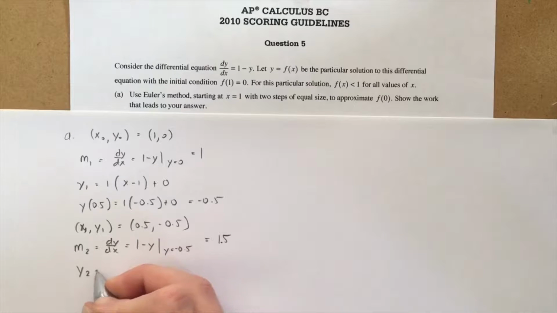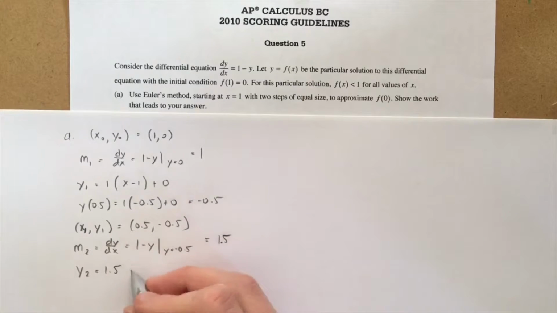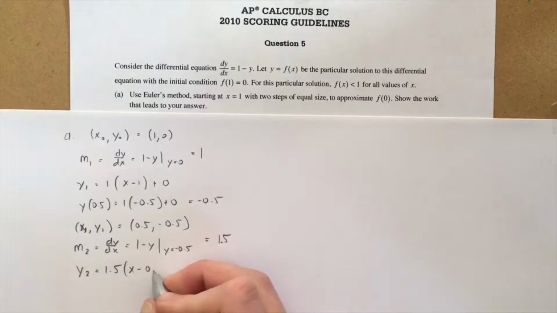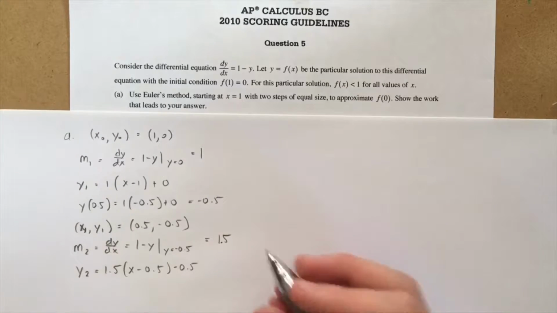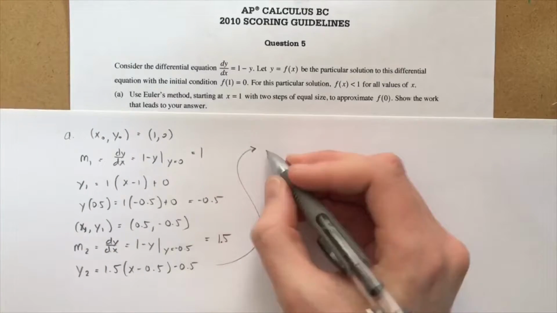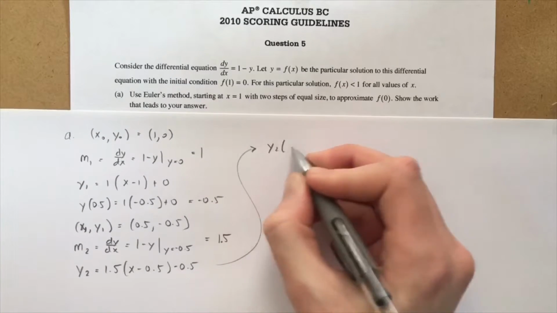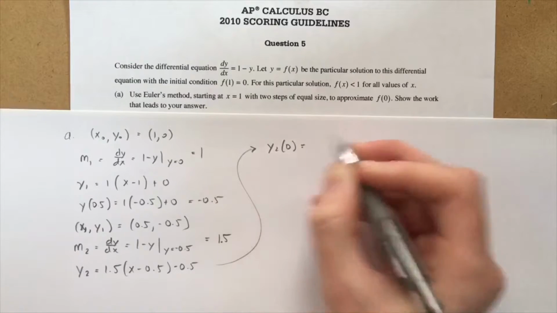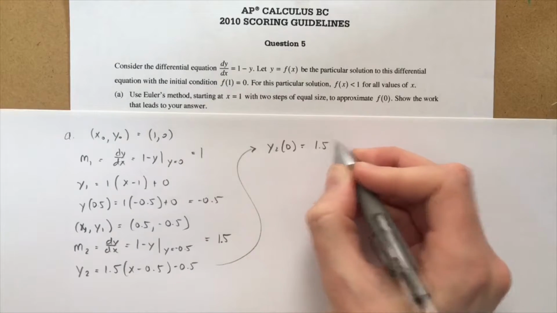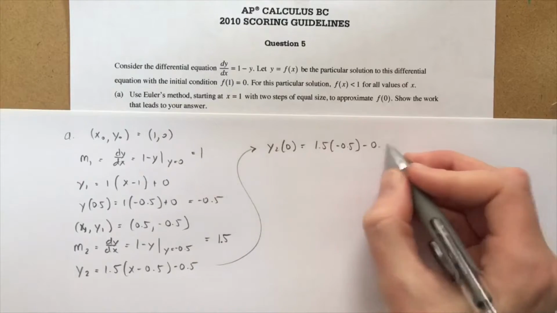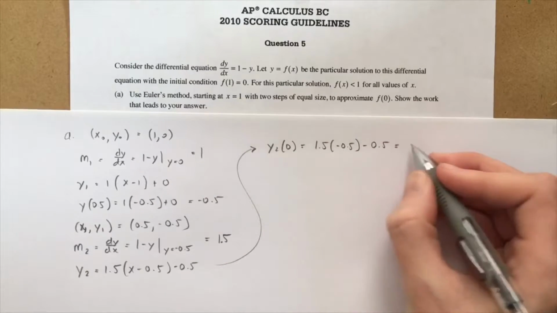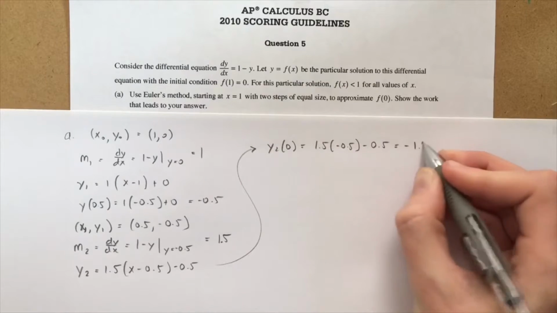So now we can find our second y value, and using point-slope form with our slope of 1.5, we can solve by plugging in y of 0 and getting 1.5 times negative 0.5 minus 0.5, and getting our final answer of negative 1.25.